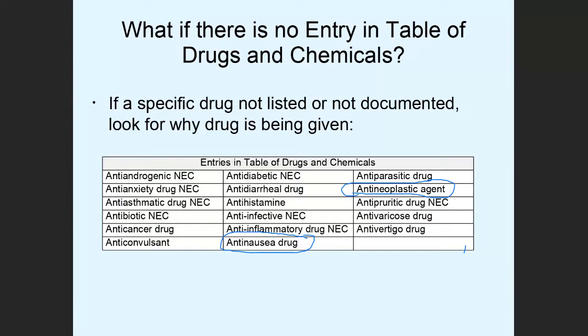So if you don't find it in the table, sometimes you can go to these entries in the A section of the table of drugs and find it there. It's anti-cancer, anticonvulsant, so the reason the drug is being given.